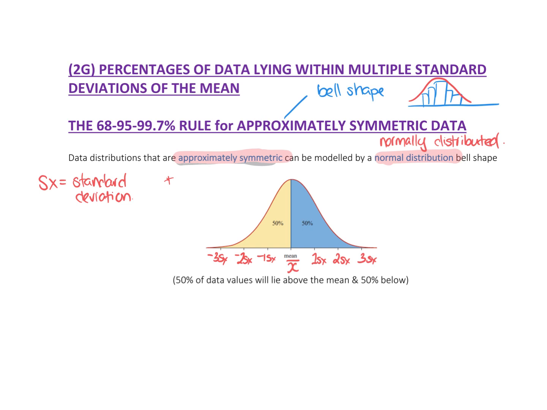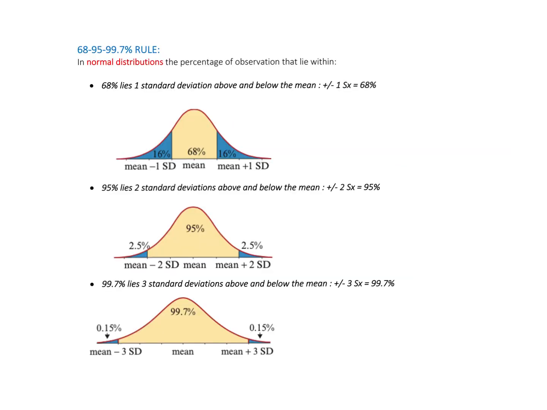So the next thing is this 68, 95, 99.7 rule. Let's look at the first one, which is 68. We have the mean, an actual value, and then we take the mean plus 1 standard deviation, which we'll write as Sx, or the mean minus 1 standard deviation.